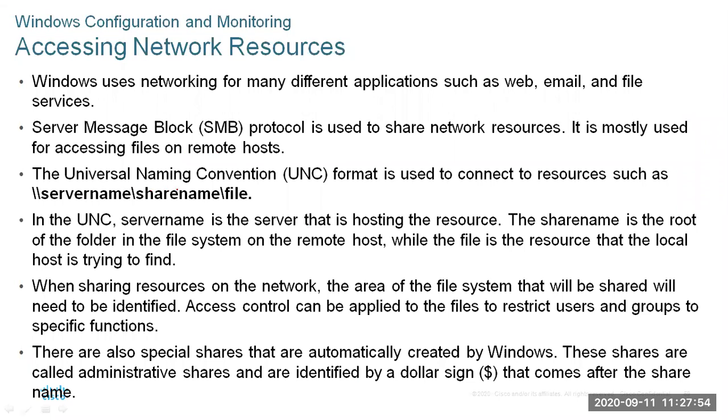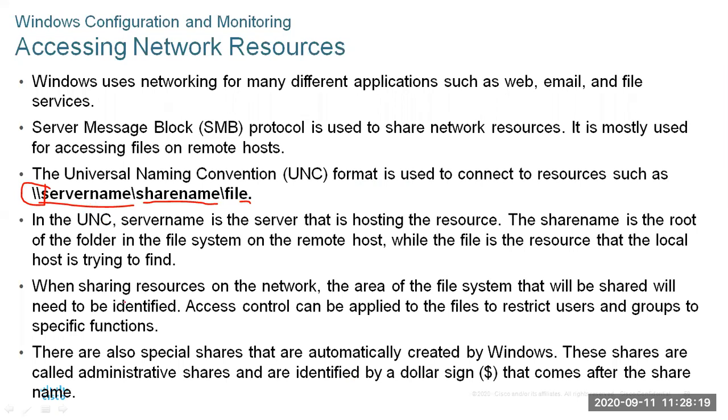So the universal naming convention is: you will have the double slash, then the server name, then the share name, and then the file. So this is like you are trying to access a shareable resource within your system or within your network.